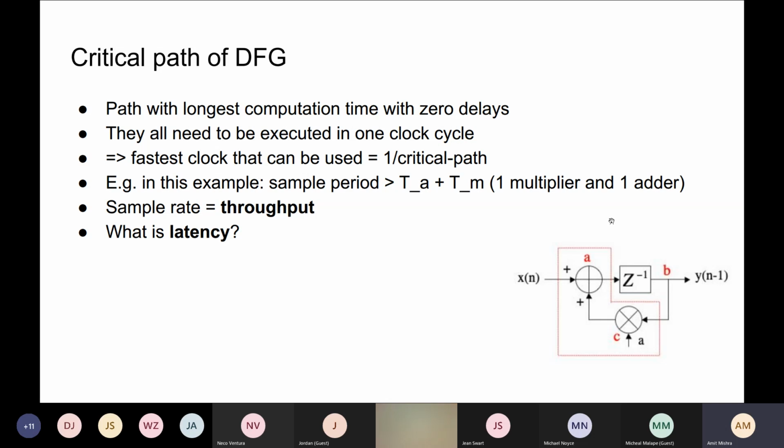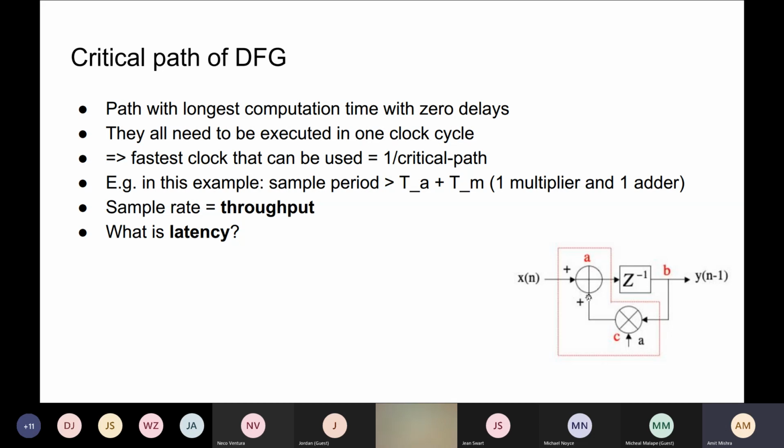So the clock cycle has to be long enough to accommodate that, which means that if you want to use a faster clock cycle, you can't. So the critical path basically gives the limit of the clock cycle that you can use. The fastest clock cycle you can use is equal to 1 upon the time taken to process the critical path.